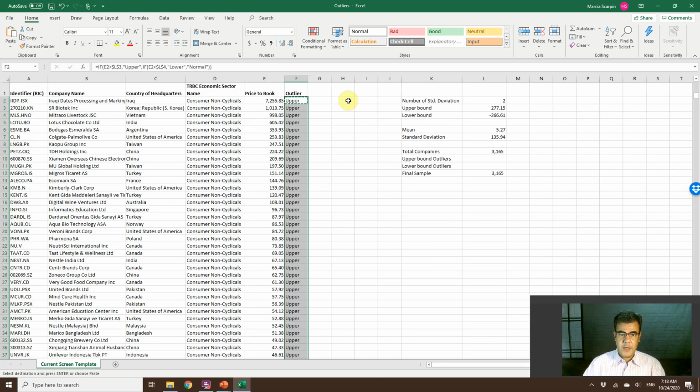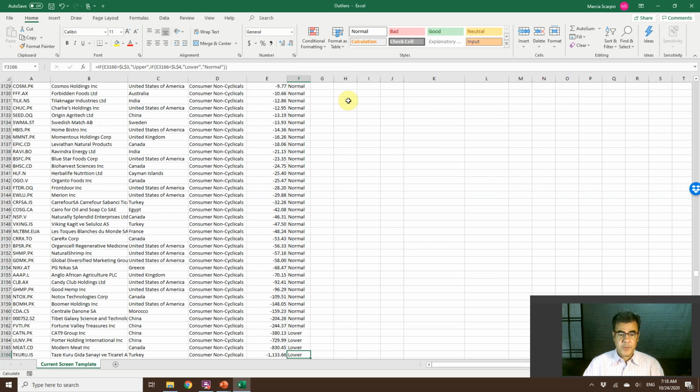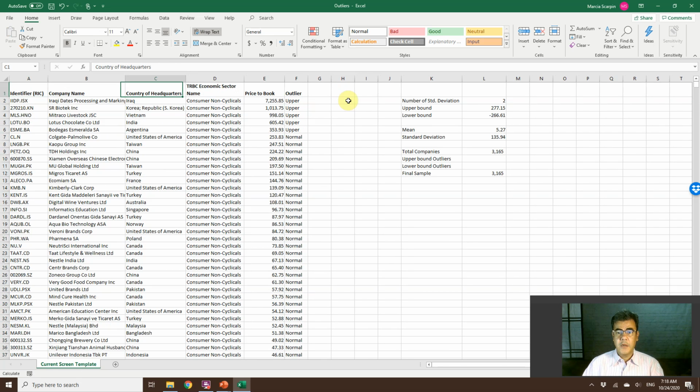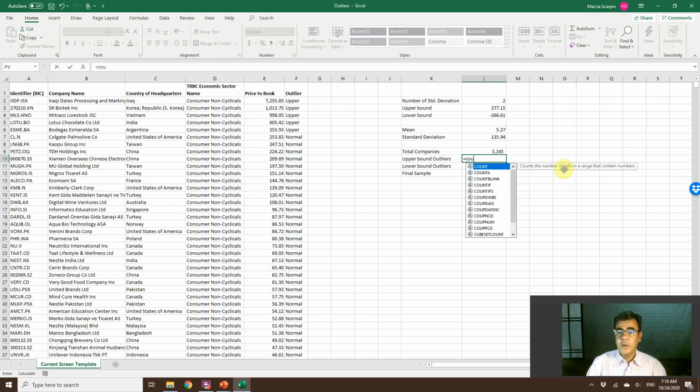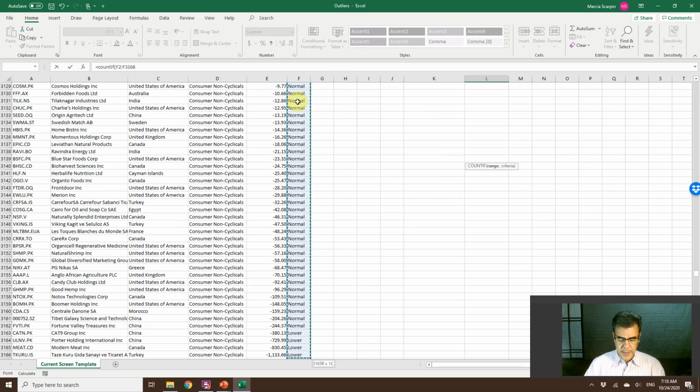Okay. Now here we have some uppers, we have some lowers. So let's check how many uppers and how many lowers we have. Equal COUNTIF, this range here, and the criteria equal to upper.